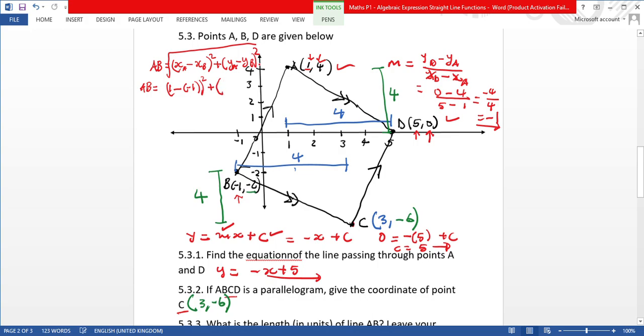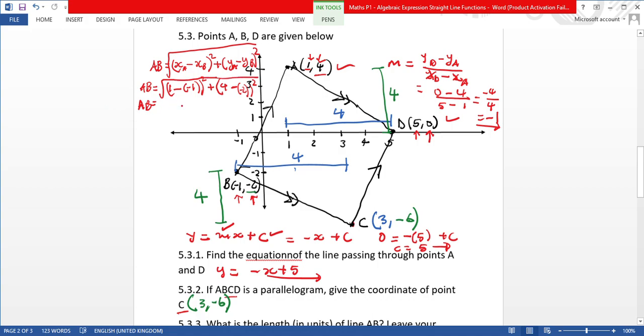Then the y coordinate at A is 4. Then minus the y coordinate at B, which is minus 2. So let's write a minus 2 there. We're going to say squared. So continue to say AB. Okay, remember all of that is under a square root.